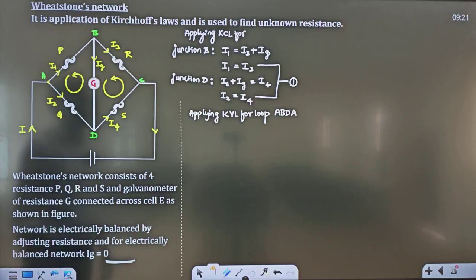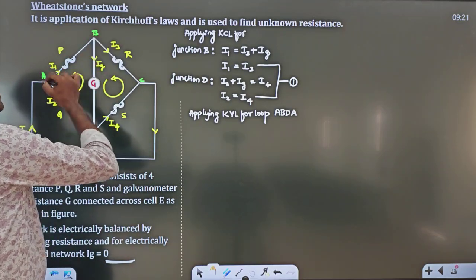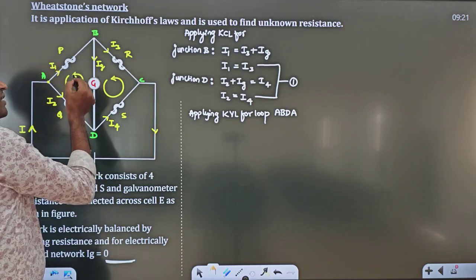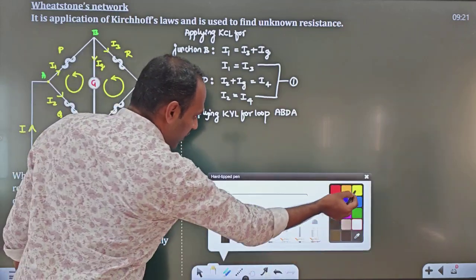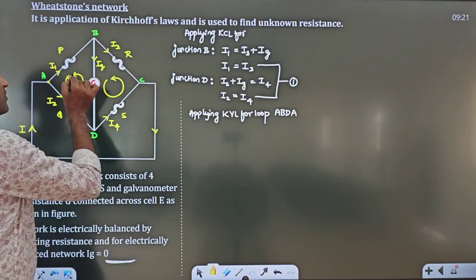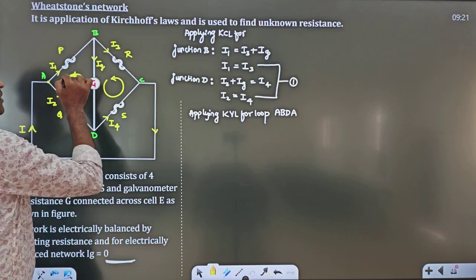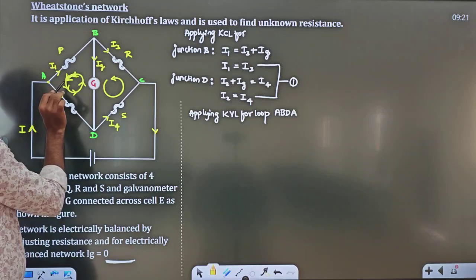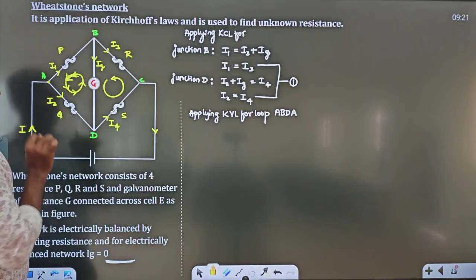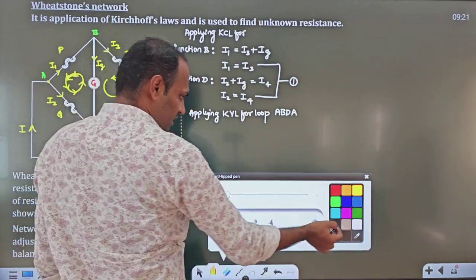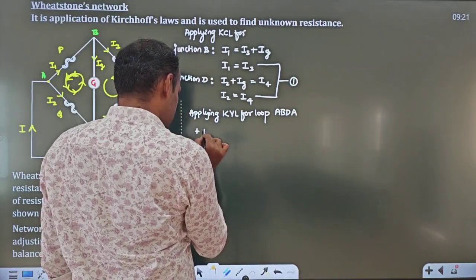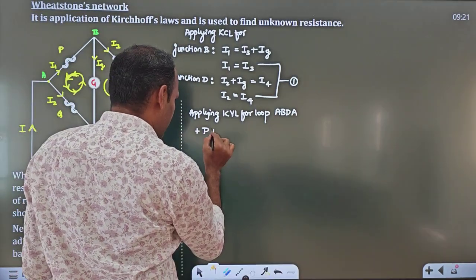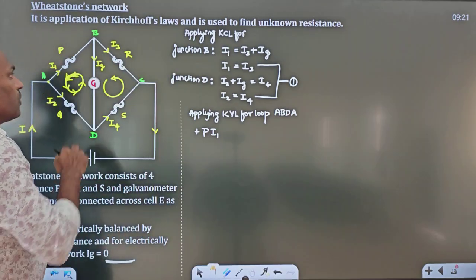First, the IR products. Go for this branch first, AB. In the branch AB, the current I1 is in this direction, and the direction which we have taken is like this. So the direction which we have taken and the direction of current are both opposite. If opposite, it is plus current into resistance, I1 into P. So I will write plus P I1. Okay, this branch is over.